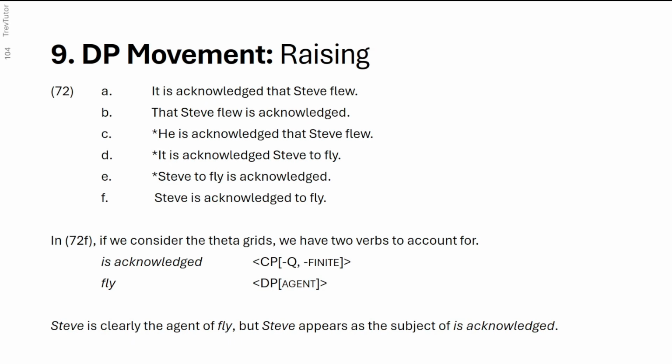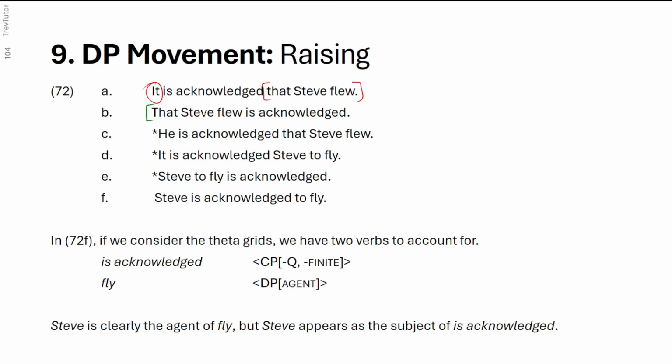So what if a determiner phrase can't get case? Well, then we're looking at a case of raising, and it will get case eventually, but let's just take a look at a few sentences first. So it is acknowledged that Steve flew. So we have an expletive here, and then we have that Steve flew coming after it.